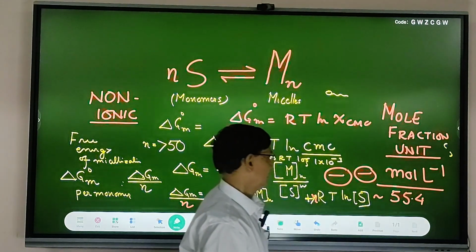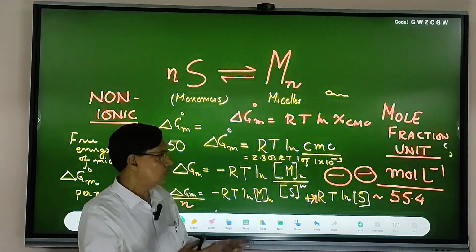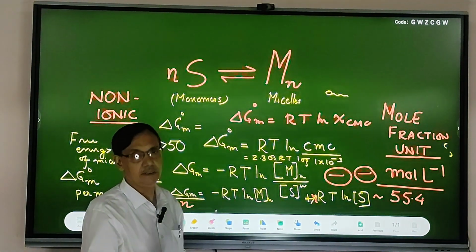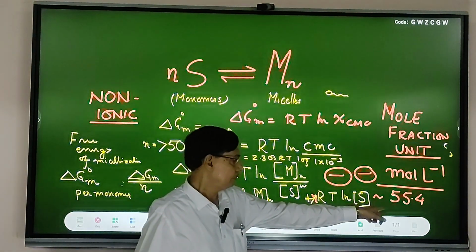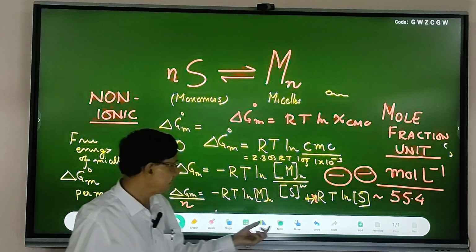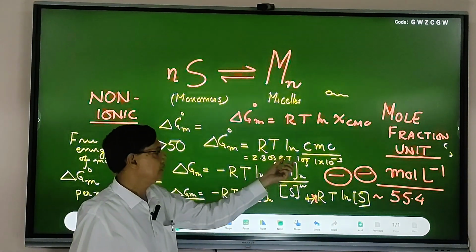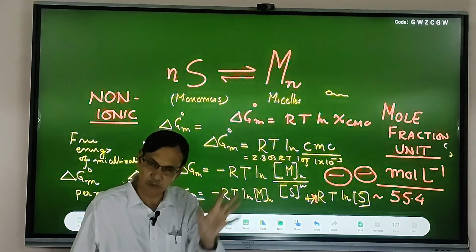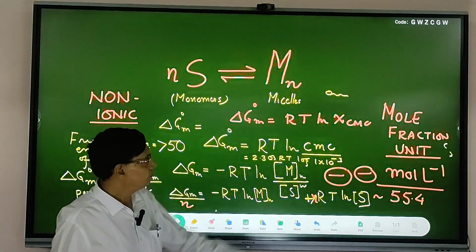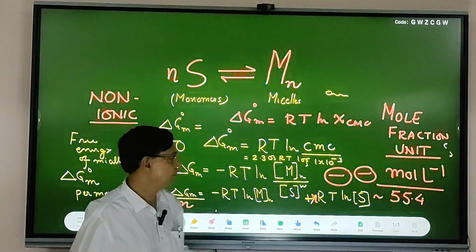You all know, if I consider 1 liter of water and the molecular weight of water is 18, then 1000 divided by 18. So you can determine the delta G value by simply substituting the value of the CMC, temperature and R value, or better, you can use the value in terms of mole fraction.